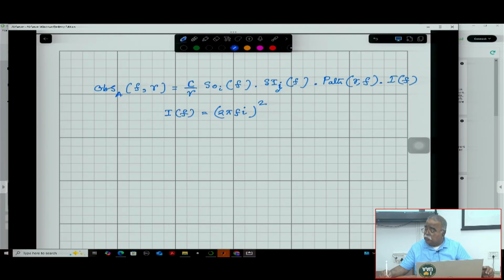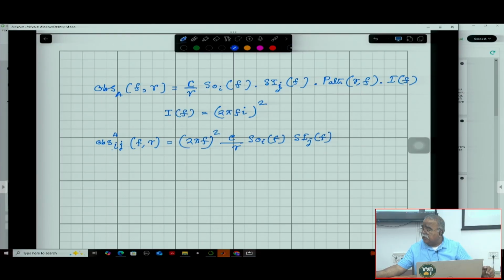This will be equal to your observed acceleration spectra at a point for the source i and the site j. You can write it this way: (2 pi f) squared into c divided by r, into S0i of f, into Sij of f.